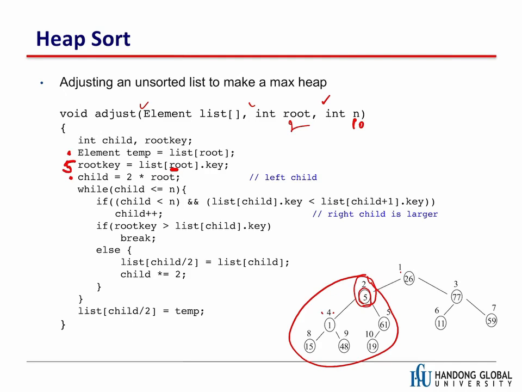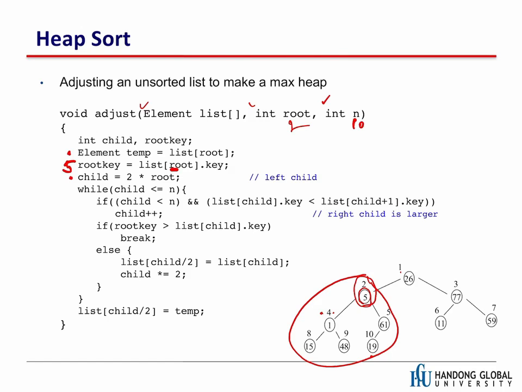Then the child is actually 4, right? 2 times 2 is 4, and we are going into this while loop, and child is smaller than n. n is 10 and child is 4. Definitely child is smaller than 10. So we are going into this loop. If child is less than n, it means this node has a right child too.